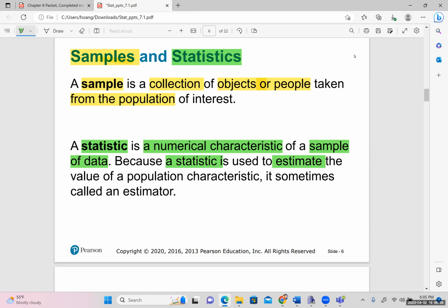So it's sometimes called an estimator. That means a statistic can estimate the parameter.